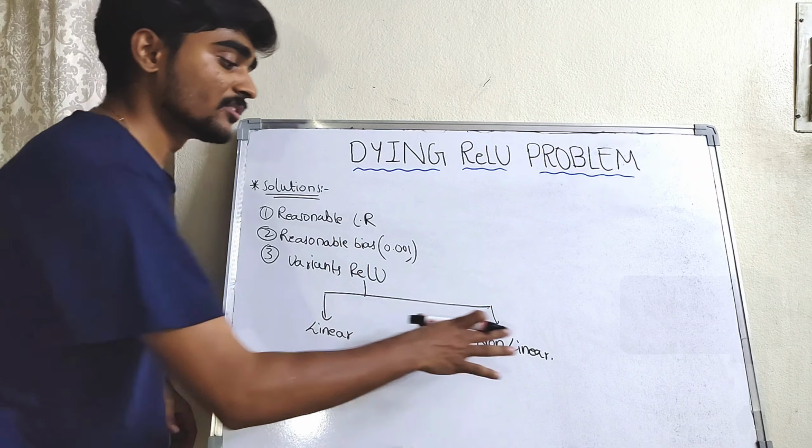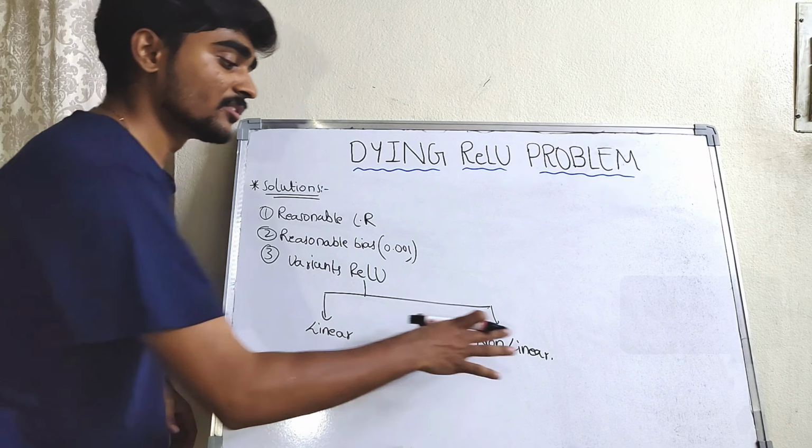In linear, the first activation function is Leaky ReLU. The second activation function is PReLU, parametric ReLU. PReLU is nothing but parametric ReLU.